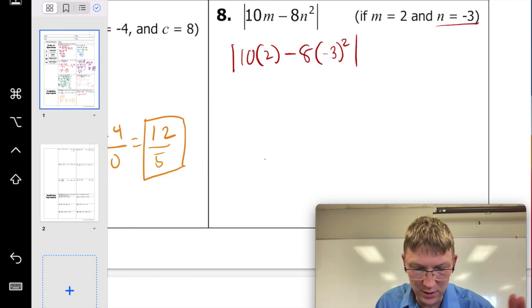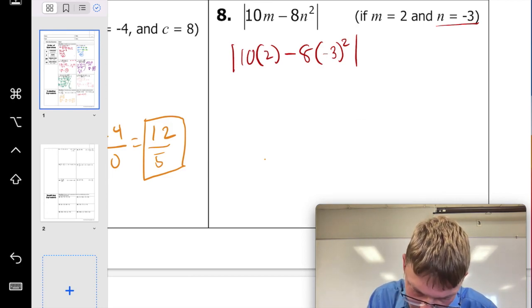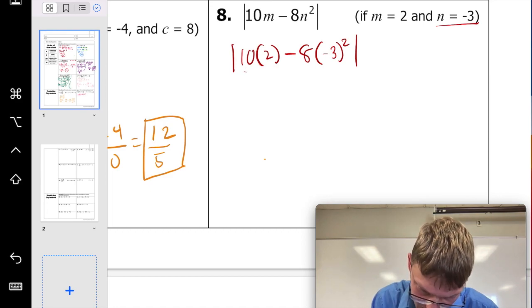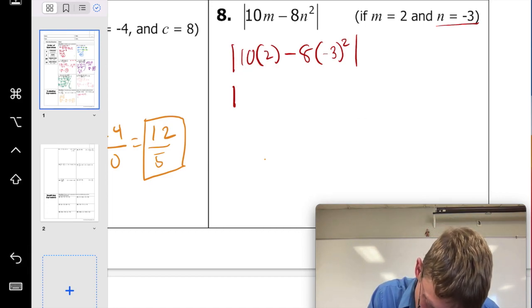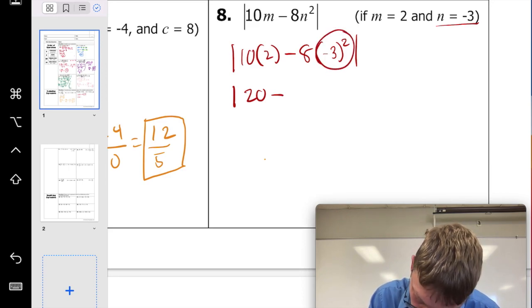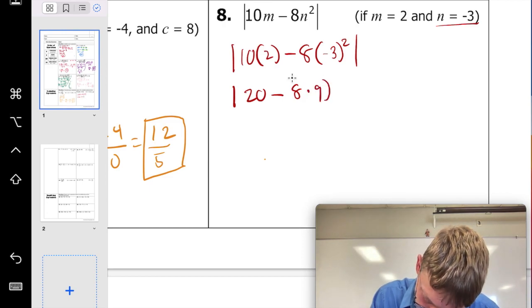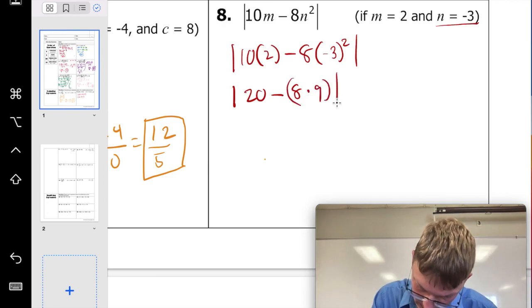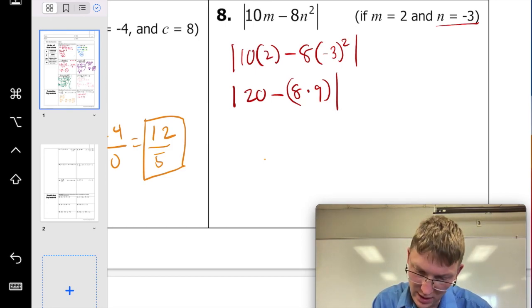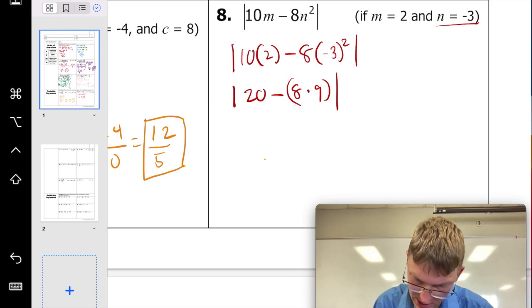Absolute values are kind of like parentheses, so we're going to do everything in there first. So inside of here, we've got 10 times 2, so we've got 20 minus, we're going to do this part first, 8 times 9. I just put parentheses in here to remind myself that there's a multiplication there that I need to deal with.